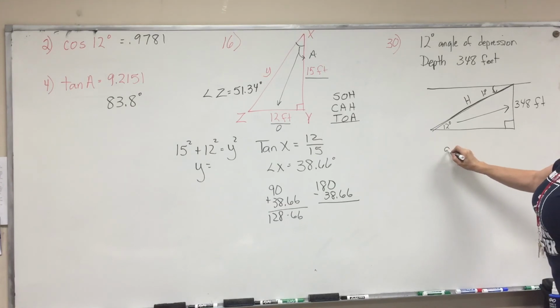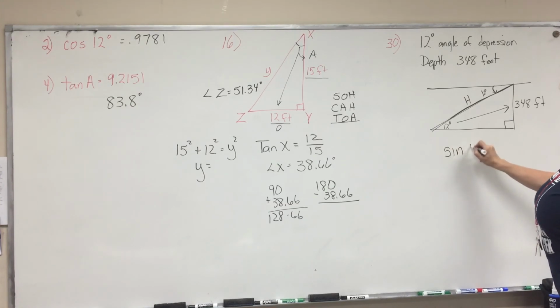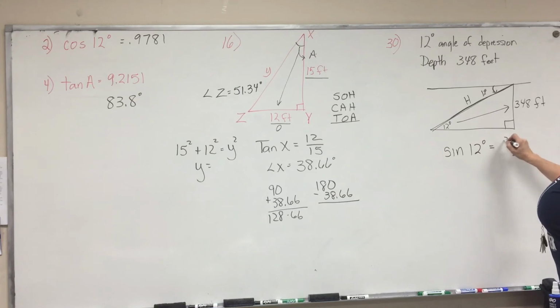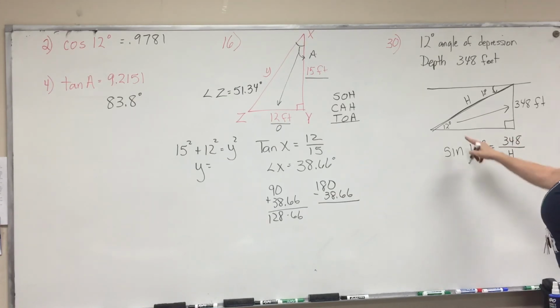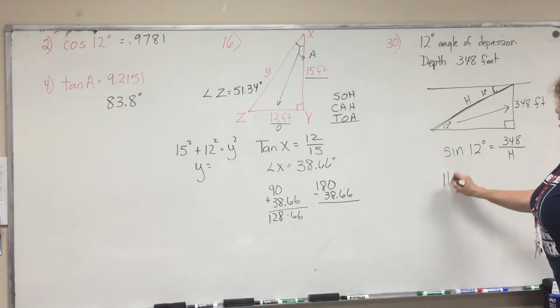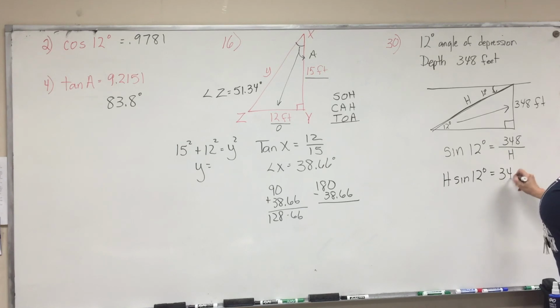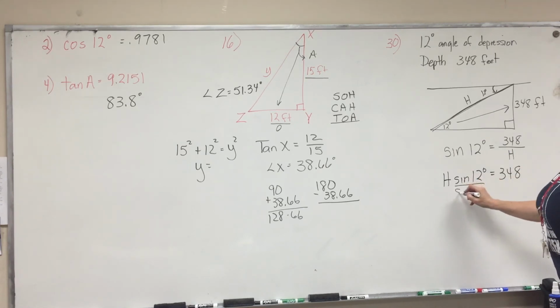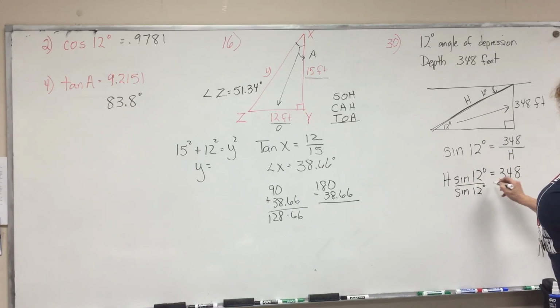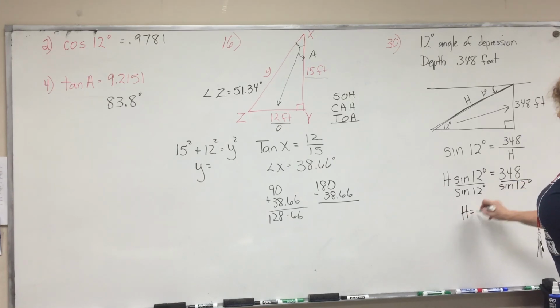So you can write this problem as the sine of 12 degrees equals 348 over the hypotenuse, cross multiply, hypotenuse times the sine of 12 degrees equals 348, then divide both sides by sine of 12 degrees, and you'll find your answer.